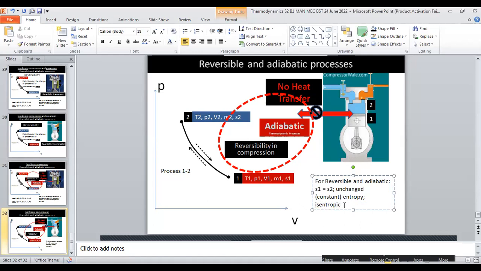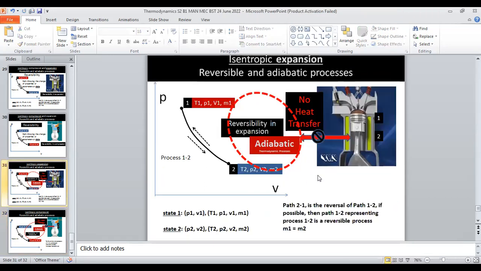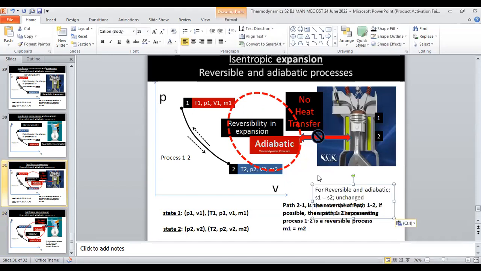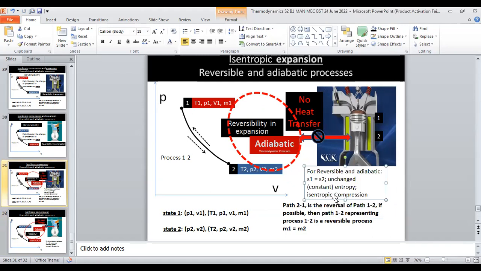Isentropic, but for this case, it is compression. Okay. Isentropic compression. Expansion also. Same, but this is expansion.